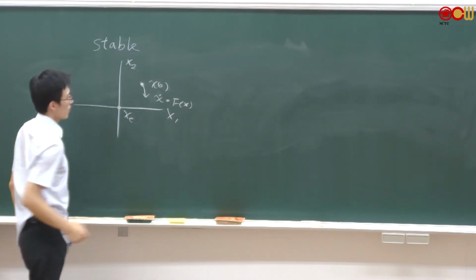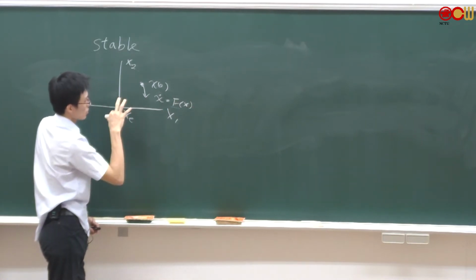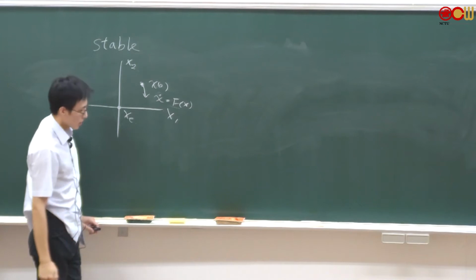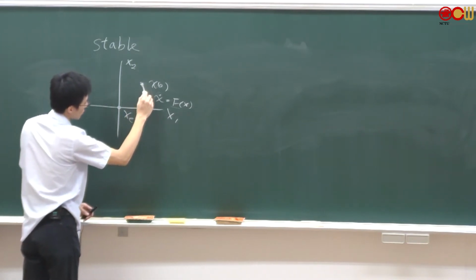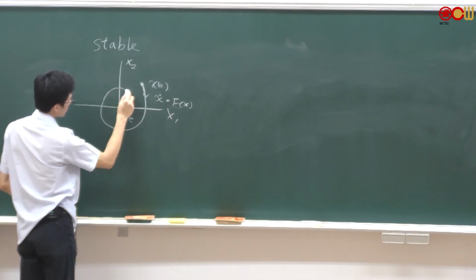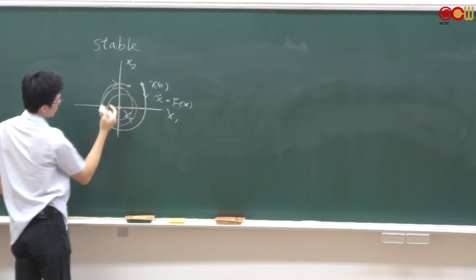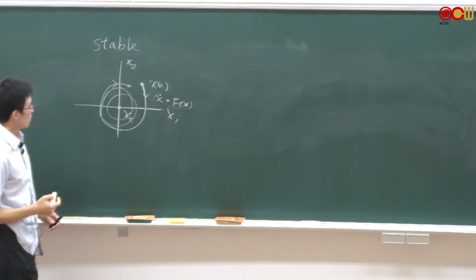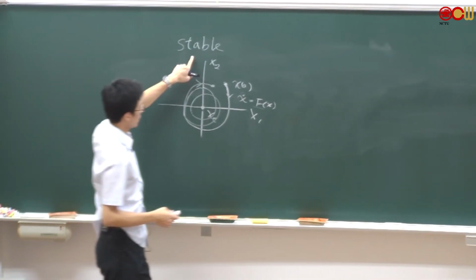Given f(x), you can draw the vector field or the phase portrait that gives you the idea of where it's trying to go. For a stable case, you can go anywhere around the equilibrium point, but not necessarily converge to the equilibrium point.